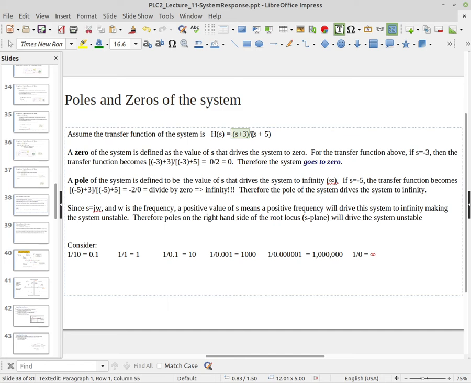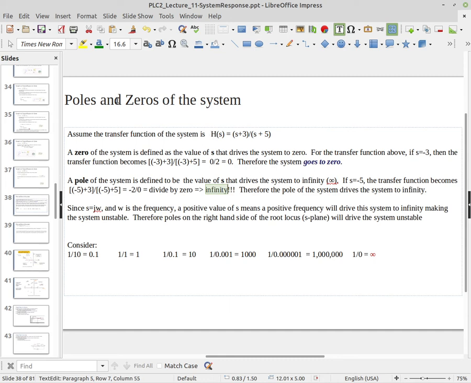That makes it a 0. On the other hand, a pole: what happens if you put minus 5 in this denominator, right? So you have minus 5 plus 5 gives you 0, but you're dividing by 0. So if you're dividing by 0, effectively the system is going up to infinity, right? And that's going to cause problems.